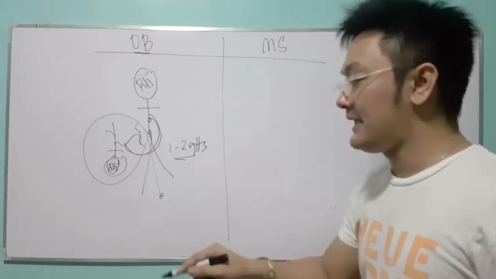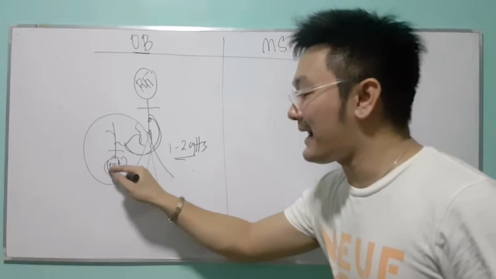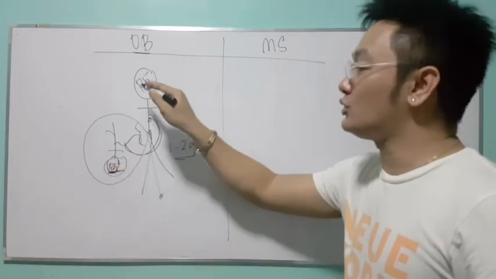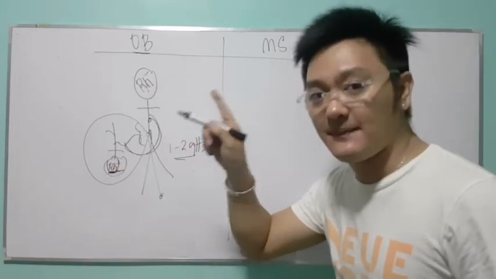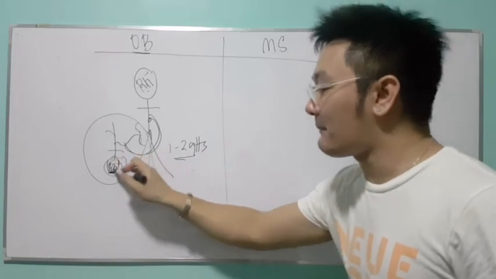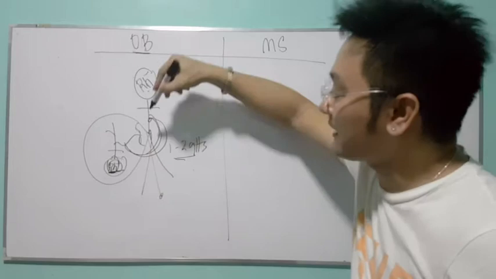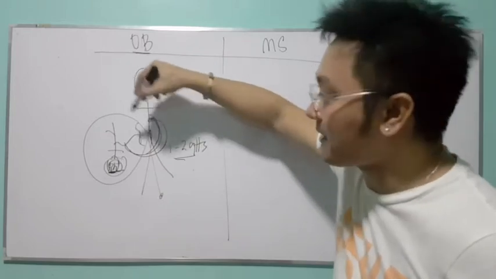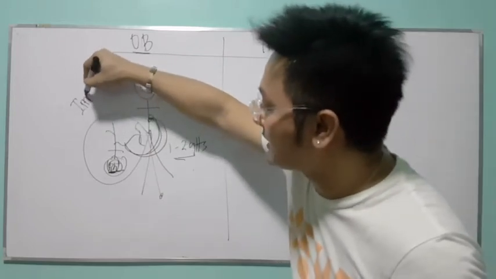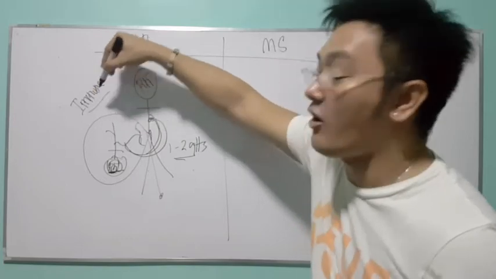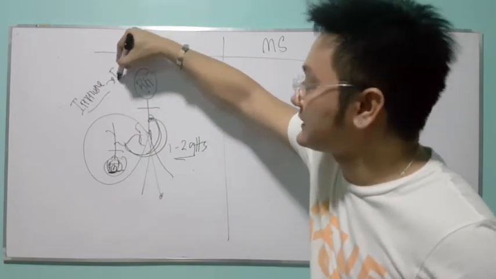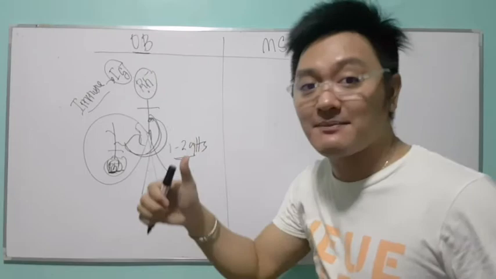Anong mangyayari? Remember, yung dugo ng bata may antigen. Ang dugo ng mama walang antigen. Therefore, pag yung dugo ng bata nakapasok sa dugo ng mama na walang antigen, pag nakapasok sa loob ng katawan ng mama, it will stimulate the immune system of the mother to produce immunoglobulins or antibodies.